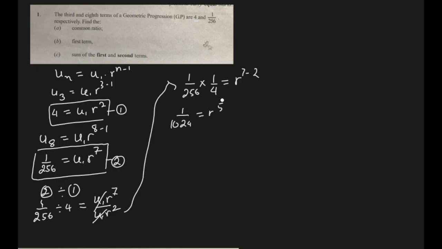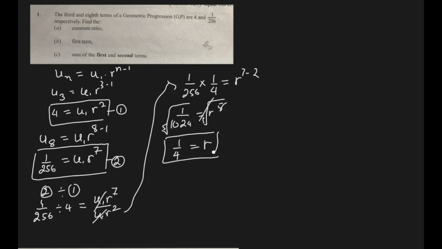Now we have to find the fifth root of both sides to get r. The fifth root of 1024 will be 4, so r equals 1 over 4.